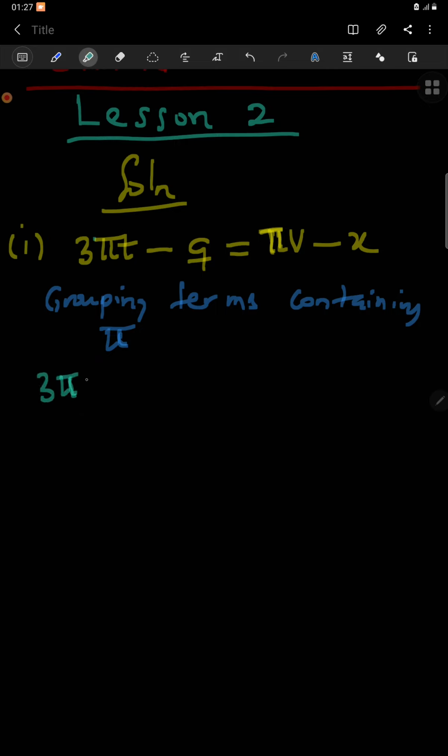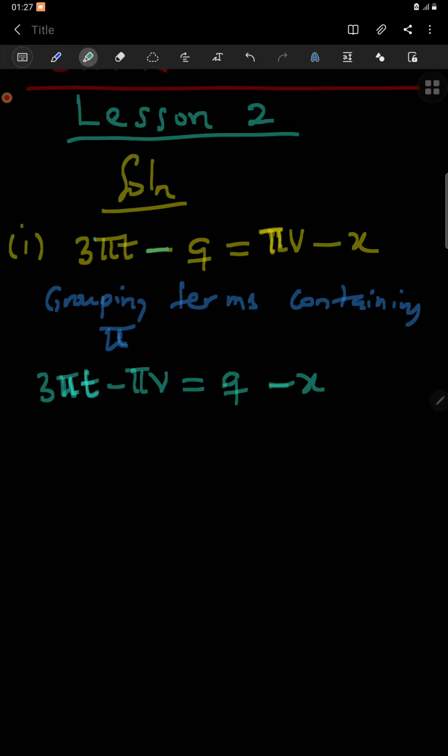We are going to get 3 pi t. All right, so when we subtract pi v on both sides, pi v equals q minus x.